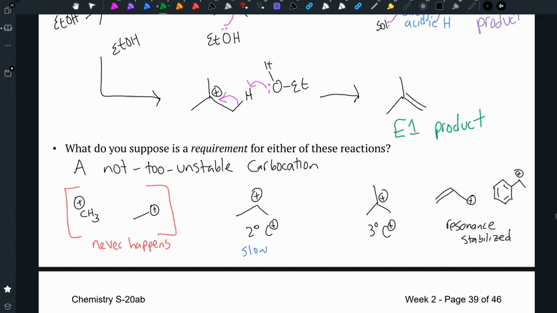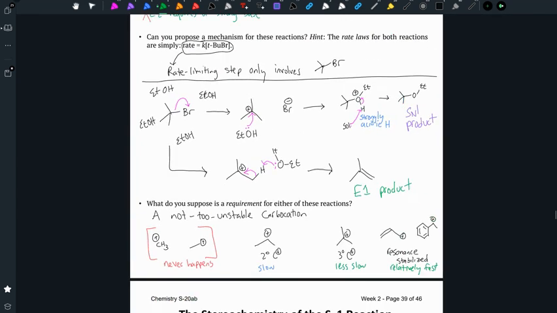Tertiary, that's going to be a little faster. I'll say less slow. And then resonance stabilized carbocation, it'll be relatively fast. Because forming the carbocation is the step that determines whether this can happen.